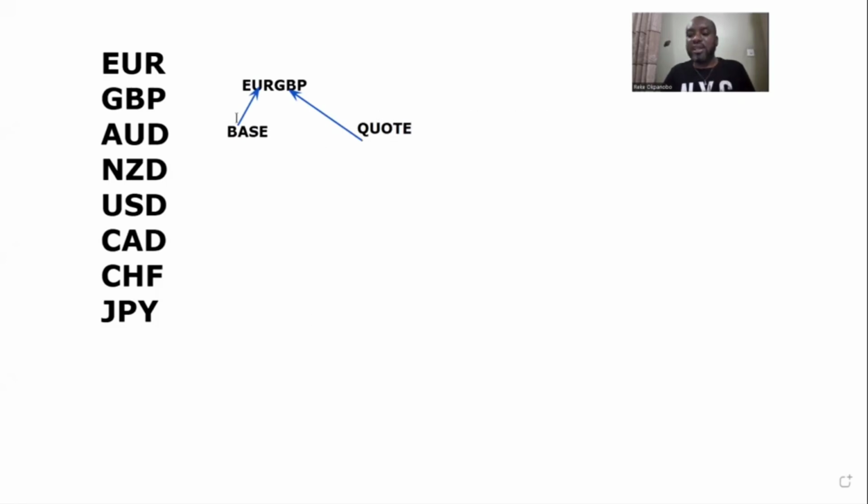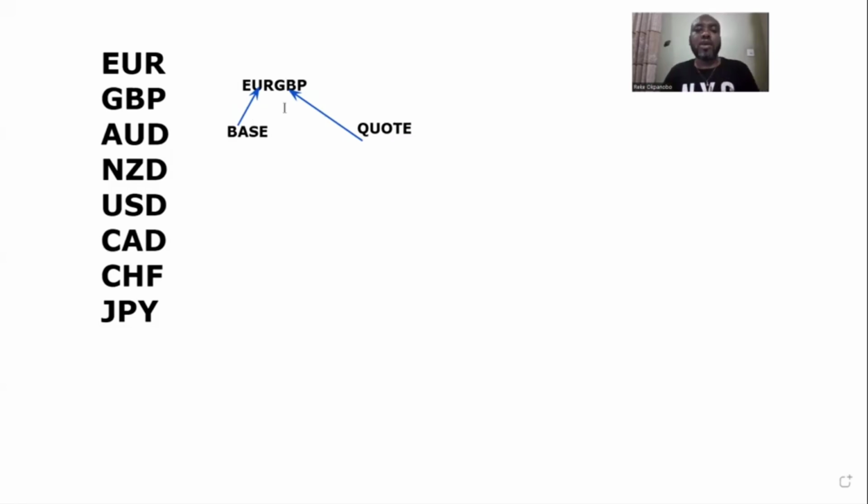The base currency is the currency that is always first. The currency that comes first in any pair is called the base currency, while the second one is called the quote. Now, in the case of euro, we call it the universal base currency because you can never see it behind any other currency in a pair. So it's always in front. That is why it is called the base currency.